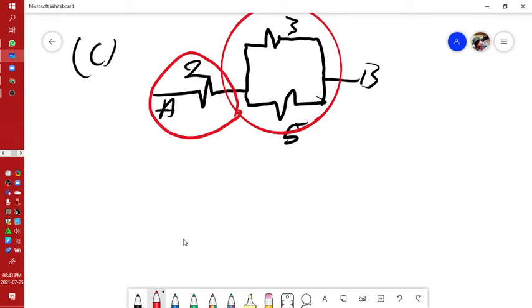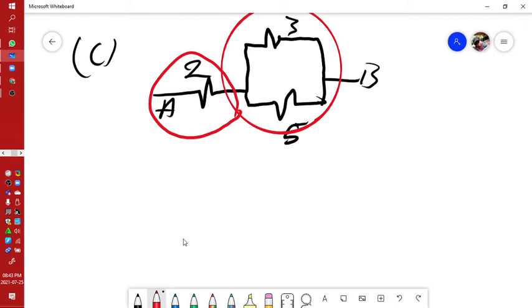This is how you deal with these two that are in series. So you can write RS is equal to R1 plus R2, where R2 is equal to your RP.